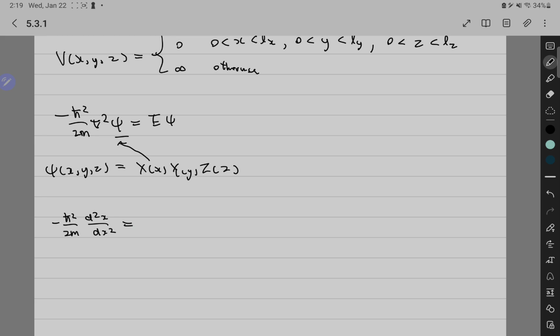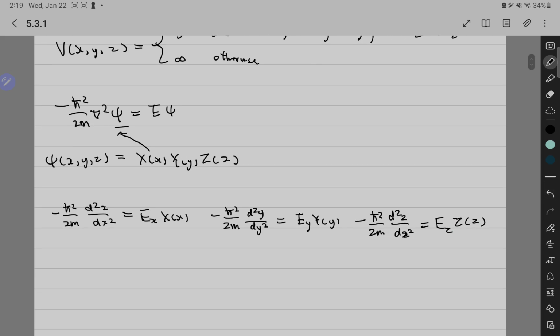So this is going to be E_x X, and we follow a similar logic for y, and similar logic for z.